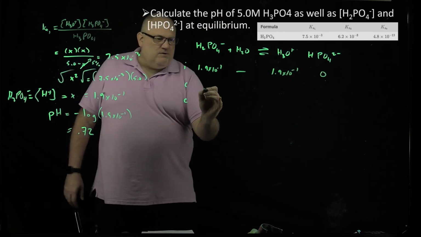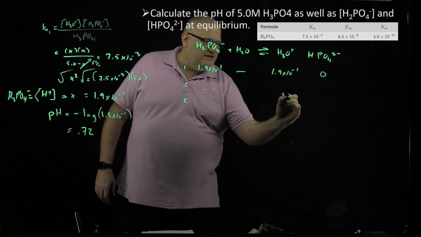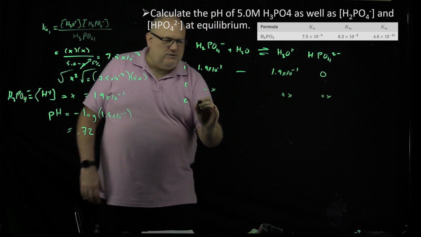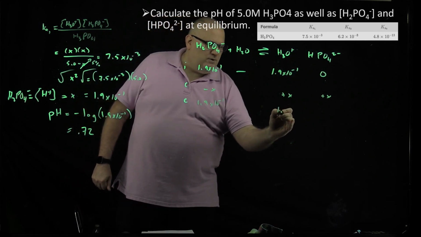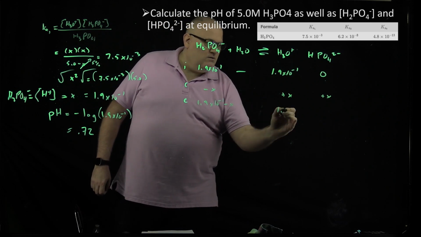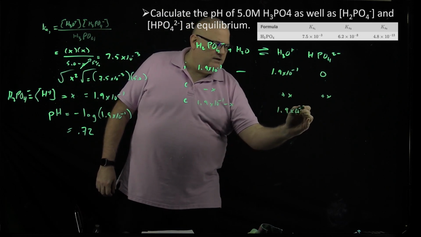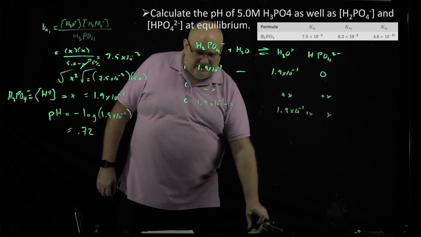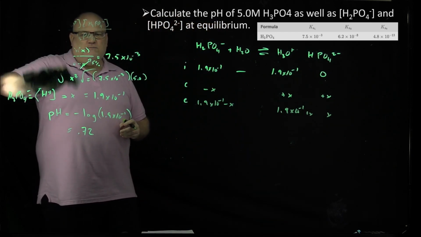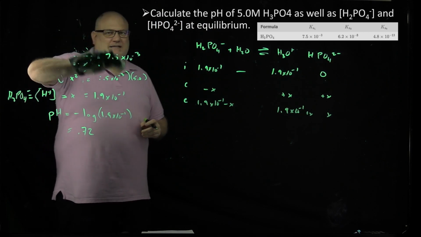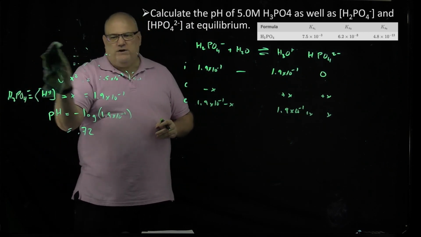What's going to happen? We're going to subtract x here, we're going to add x here, and we're going to add x here, leaving us with 1.9 times 10 to the negative 1 minus x, 1.9 times 10 to the negative 1 plus x, and x. Now I'm going to rewrite our equation over here, and as I'm erasing this, you may get a glimpse of what is going to happen next.